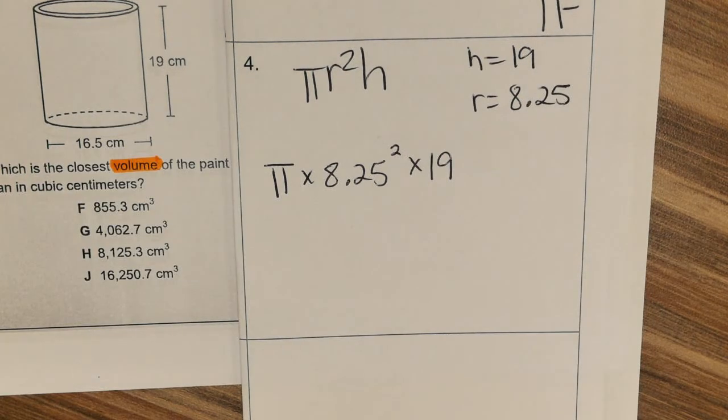And that will give me my answer. So everybody go type that in your calculator. I'm not going to do it for you. I'm not even going to give you the answer. I'm telling you what to type in, and then I want you to write the answer down. So either F, G, H, or J. Did you already do it? Okay, put your answer when you have it. That'll tell me who's trying and paying attention right there.